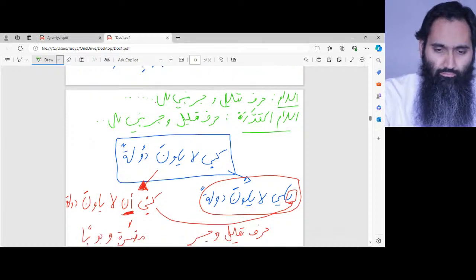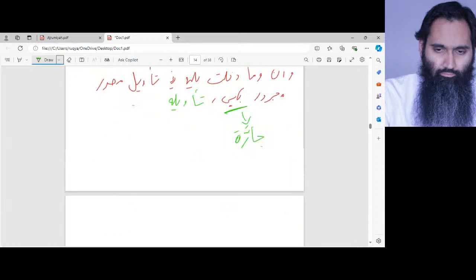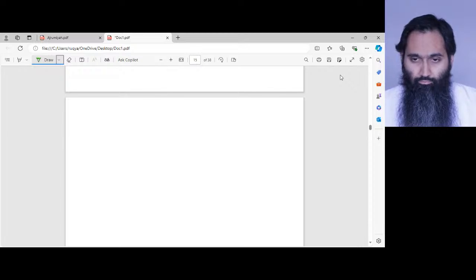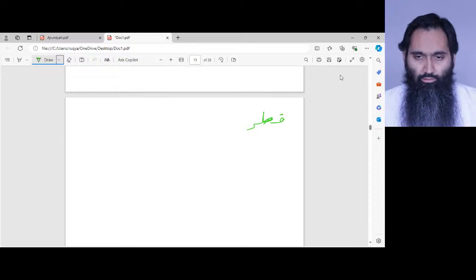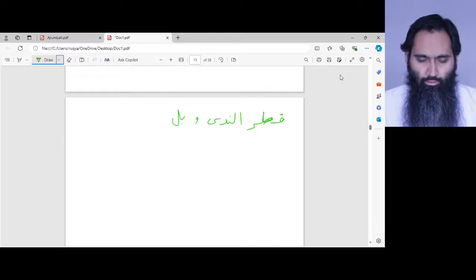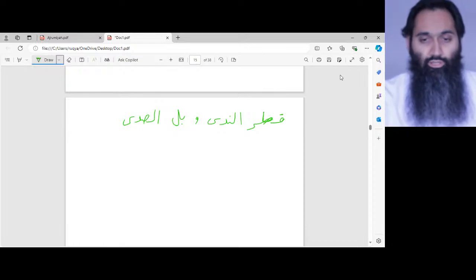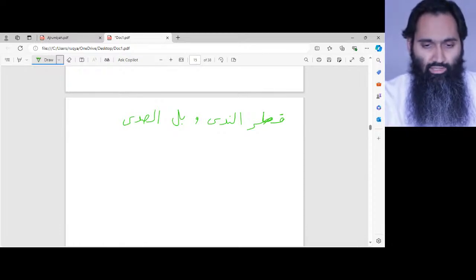Qatr an-Nada wa Ballu as-Sada. That is the name of the book.